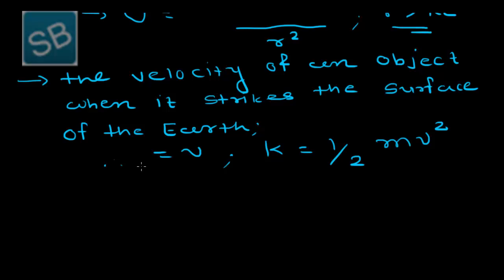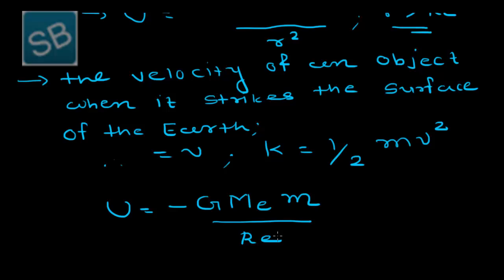And at this particular point the gravitational potential energy is minus G Me m over Re. So this is the first equation, and this is my result number 2.